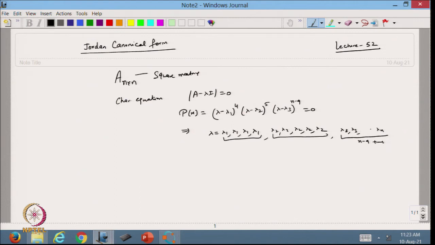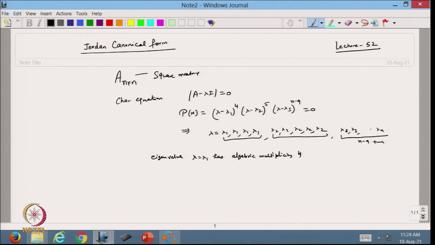So, these are the eigenvalues. I can say that the eigenvalue lambda equal to lambda 1 has algebraic multiplicity 4, because it is repeating 4 times.